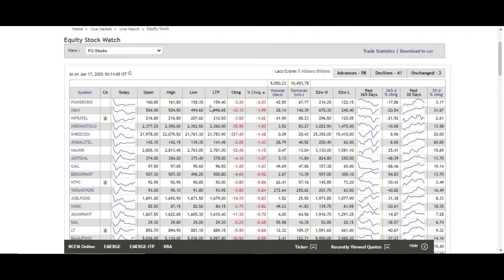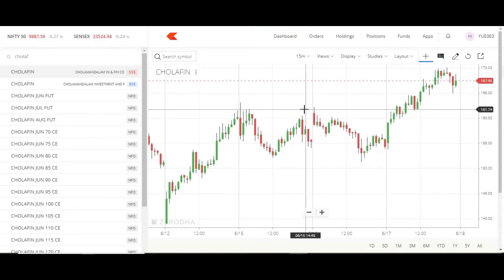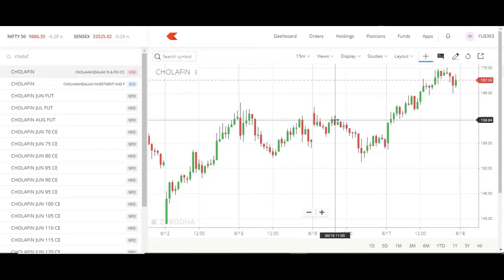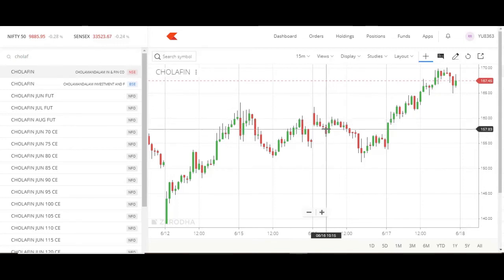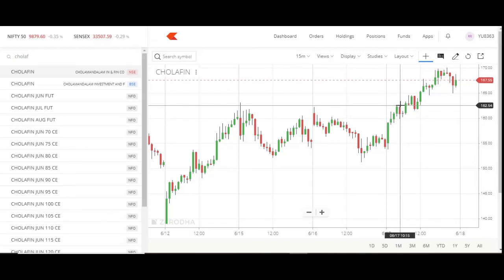We have seen the example of selecting Chola Finance around 10:20 today for an intraday trade. At that time it had made a high of 162.60.